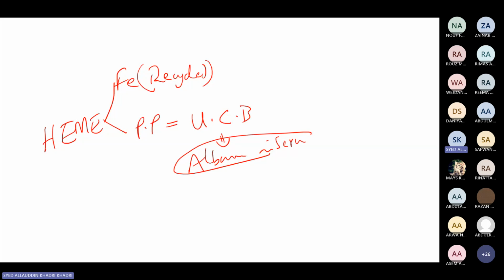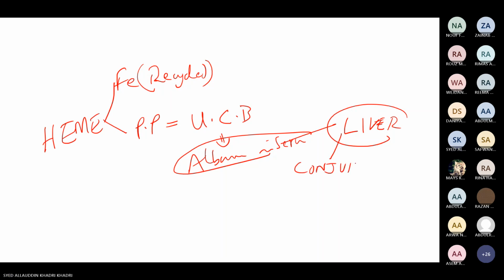Now this is delivered to the liver. That is very, very important to understand. Liver cells will conjugate this unconjugated bilirubin. So what does the liver do?